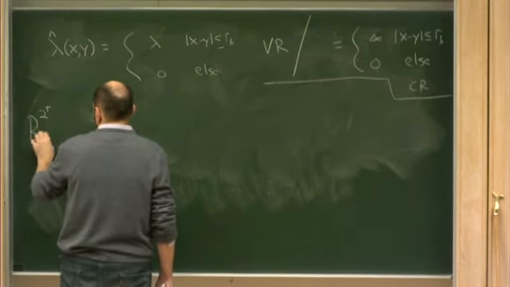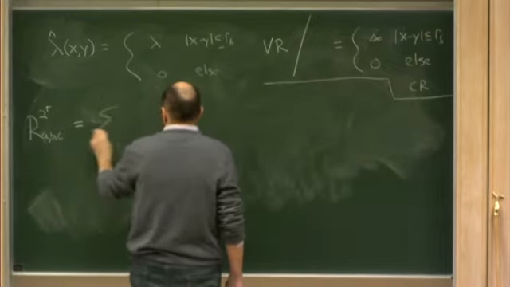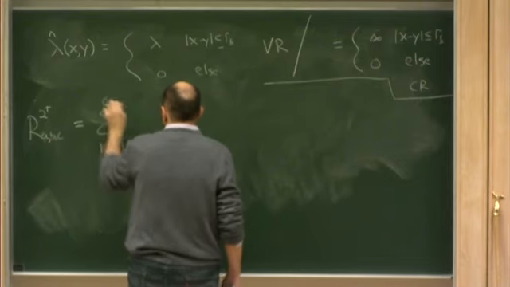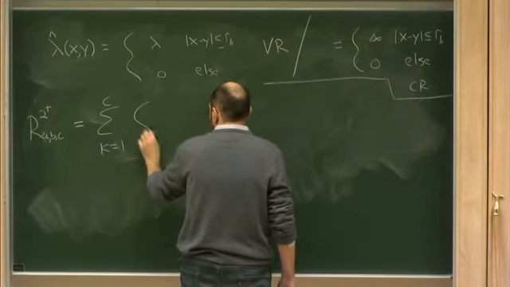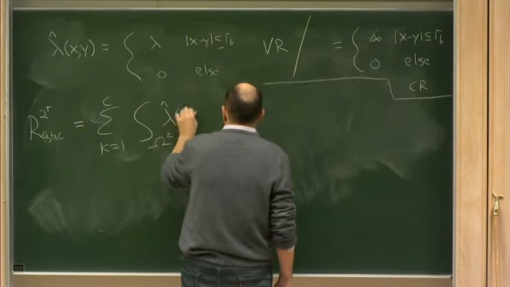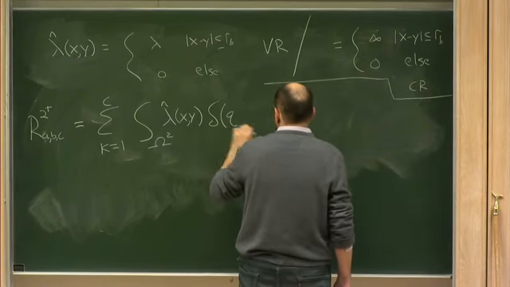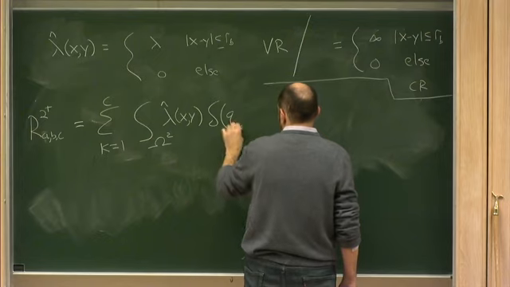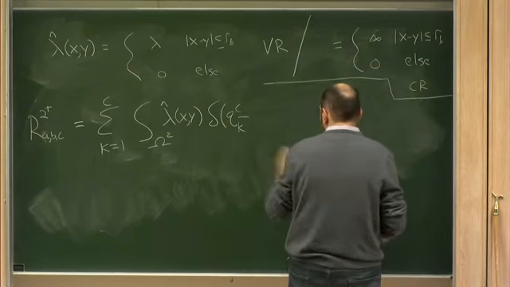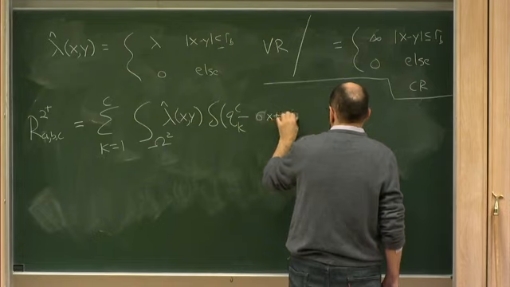R2 plus ABC ends up being the following. So you have to sum over all the positions a C could have been at. And I'll explain what these terms are in a minute. One minus sigma y.